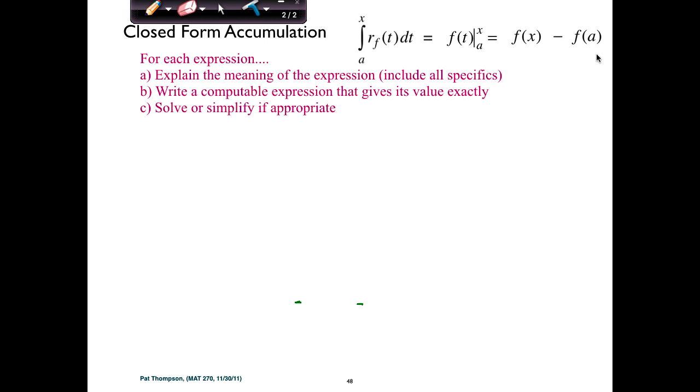We don't have to do that all at once. First we do the antiderivative in terms of the variable in the integral, then plug in x and a and subtract. We'll do the first one together, and then you'll work on the others.